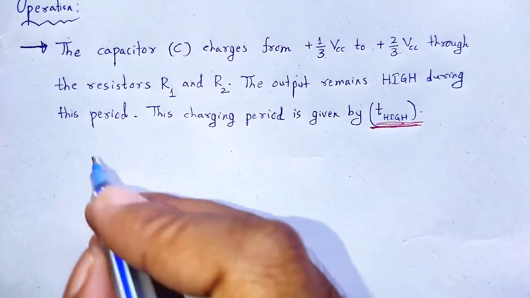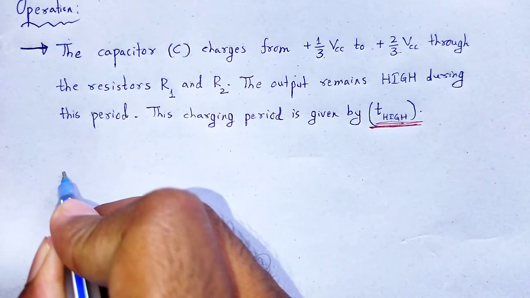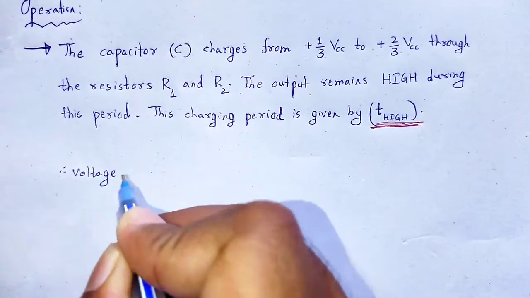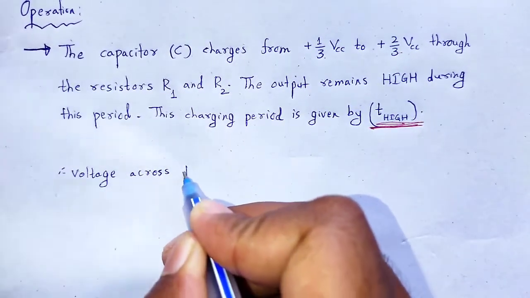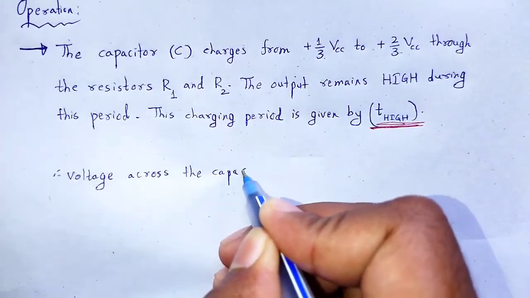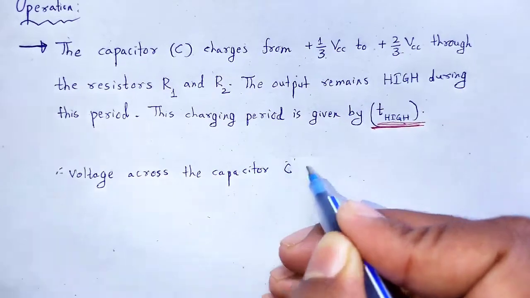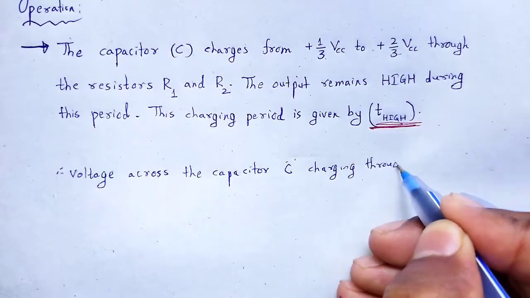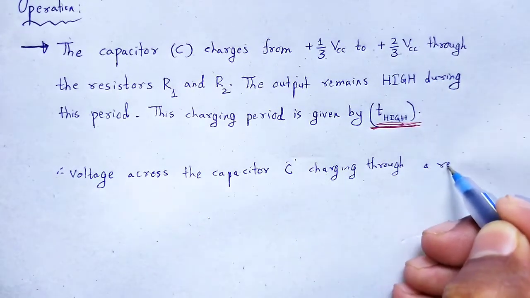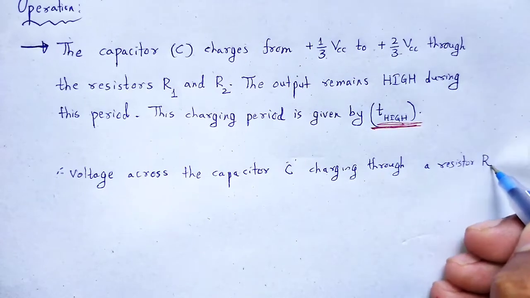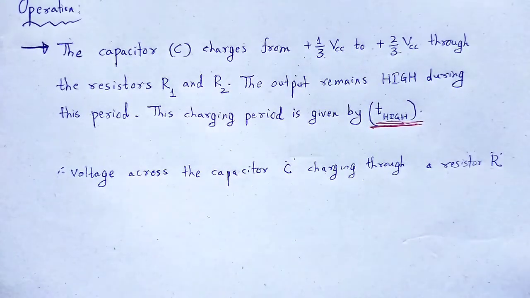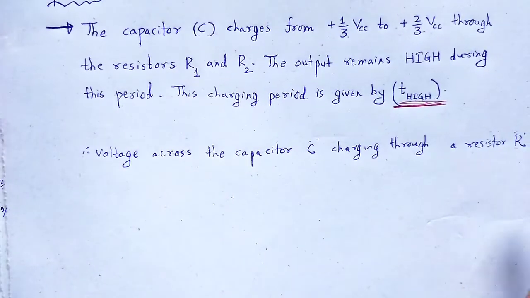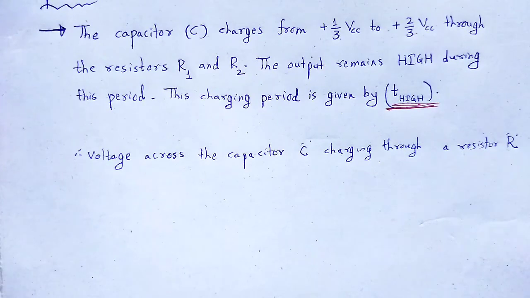T high is calculated as follows: the voltage across the capacitor C charging through a resistor, let R be the equivalent resistor of R1 and R2. So first I take it as resistor R.